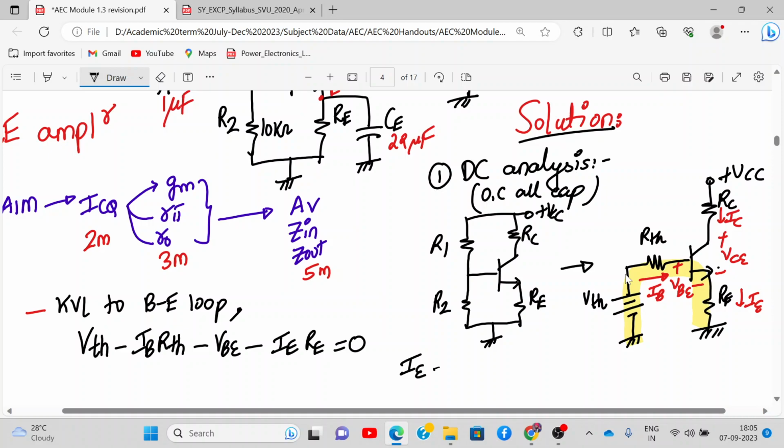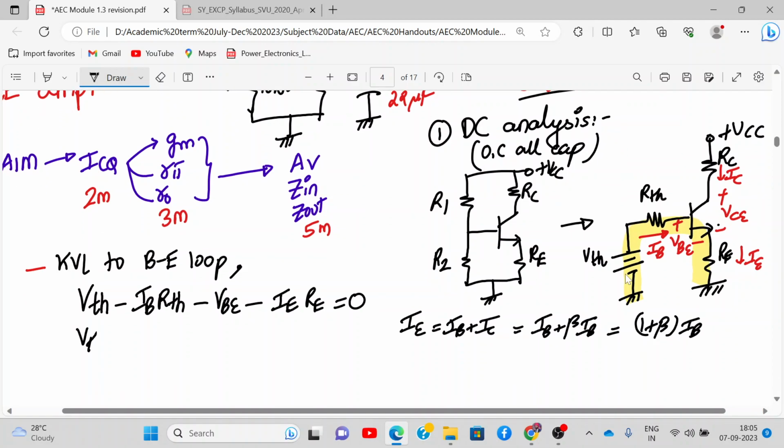Now what is IE actually? IB plus IC. And what is IC? Beta times IB. Correct? So this will be (1 plus beta) times IB. So VTH minus IBQ RTH minus VBE minus (1 plus beta) times IB into RE is equal to 0.